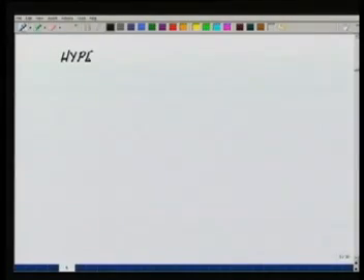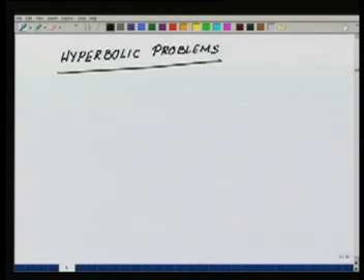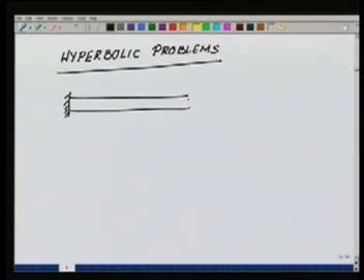Let us now go with all that we have learned here to the next set of important problems, which are hyperbolic problems. As an example, here we will take the bar that we had, the motion of the bar under an applied load.